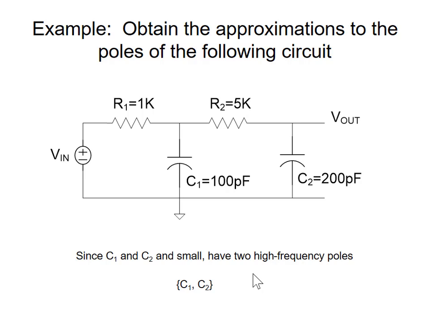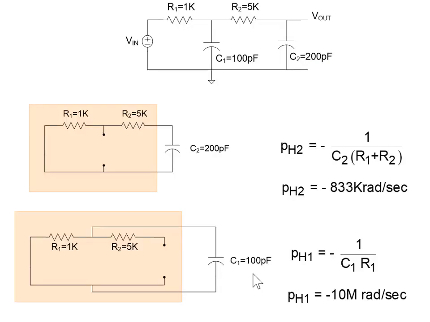So those are the 2 impedances. I multiply those 2 impedances by the corresponding capacitors and I get the pole approximations. And I find that one of the poles is at minus 833 kiloradians per second and the other is at 10 megaradians per second.